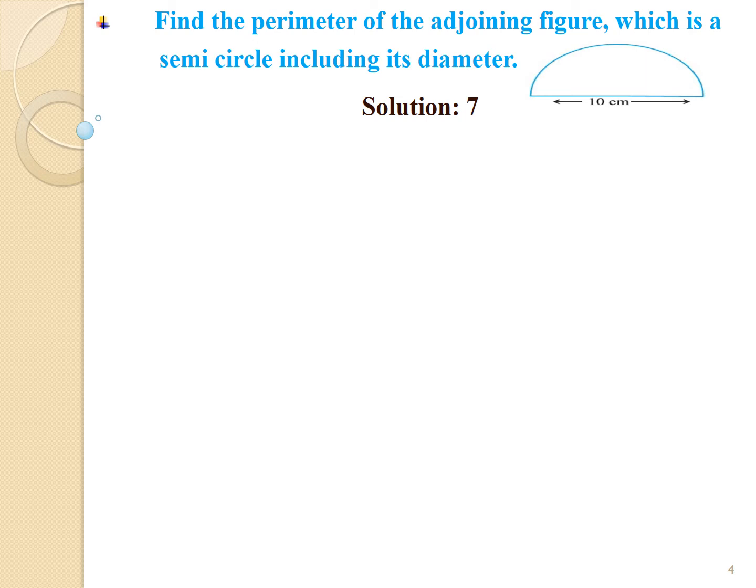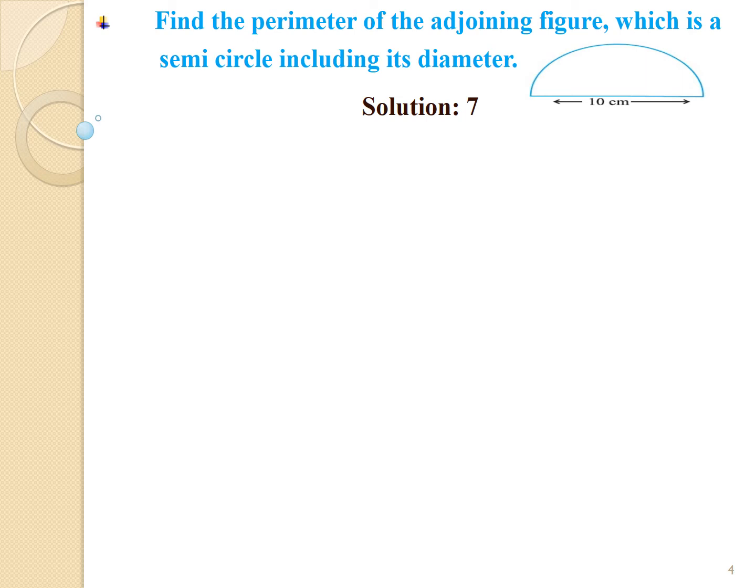Students, also you have to remember that to get the perimeter of given figure including its diameter, you have to add diameter of semicircle to perimeter of semicircle. So, let us solve question number 7 and find the radius, perimeter of semicircle and perimeter of given figure including its diameter.